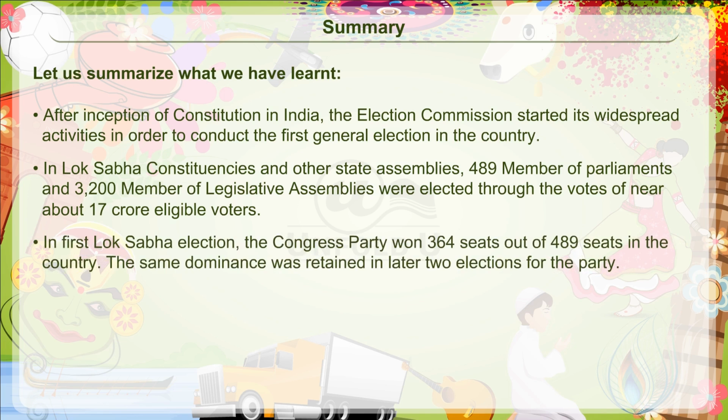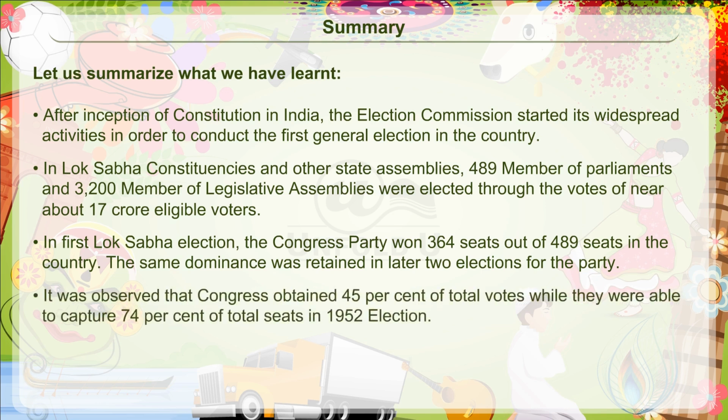In the first Lok Sabha election, the Congress party won 364 seats out of 489 seats in the country. The same dominance was retained in the next two elections. Congress obtained 45% of total votes, while it was able to capture 74% of total seats in the 1952 election.